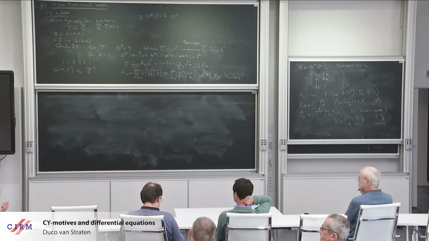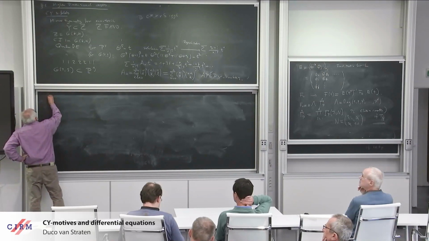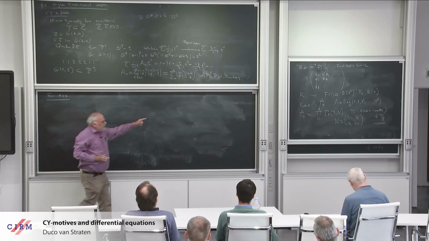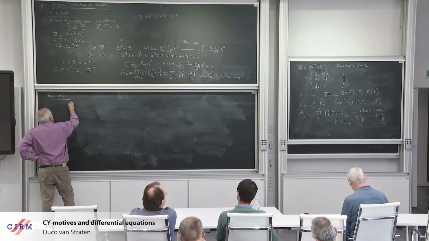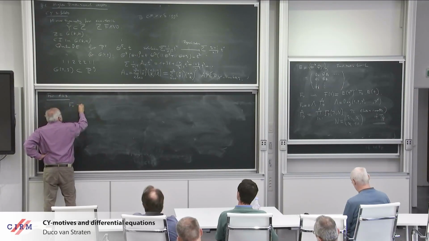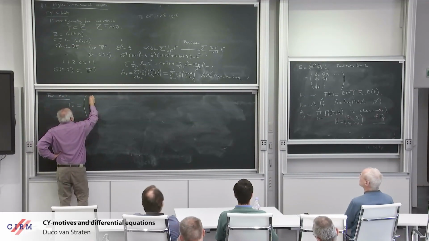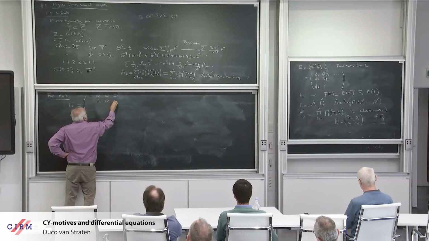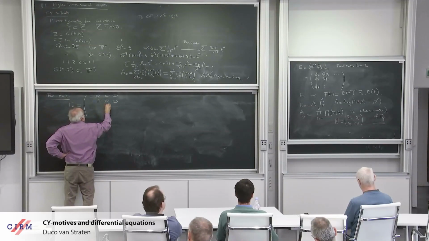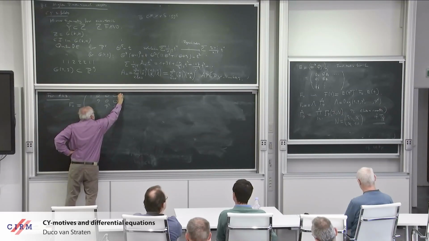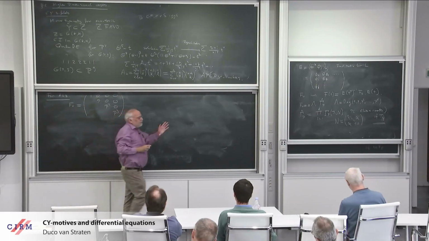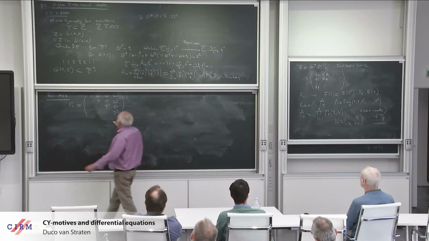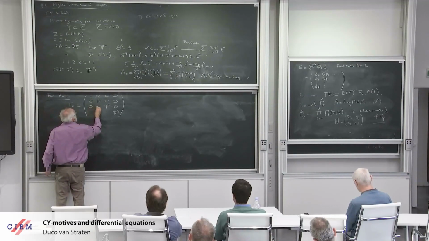Okay, let's restrict to d is 3. This matrix F0 looks as follows. And now, if you start with a Calabi-Yau and compute this gamma class, then you will still get that there are zeros here.